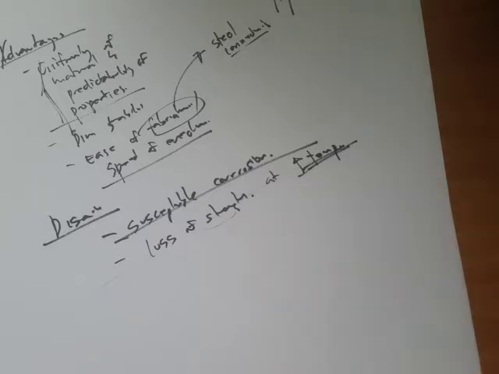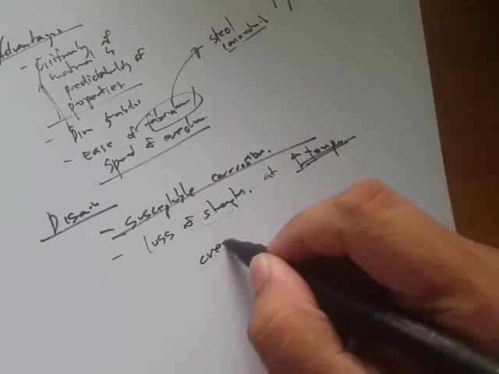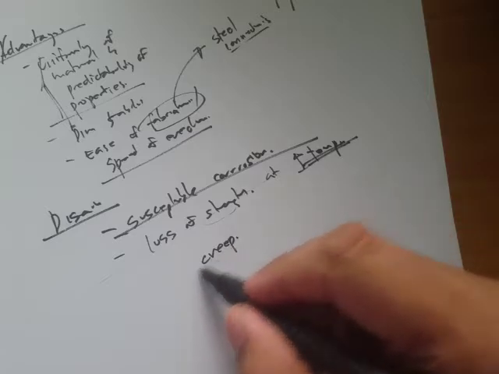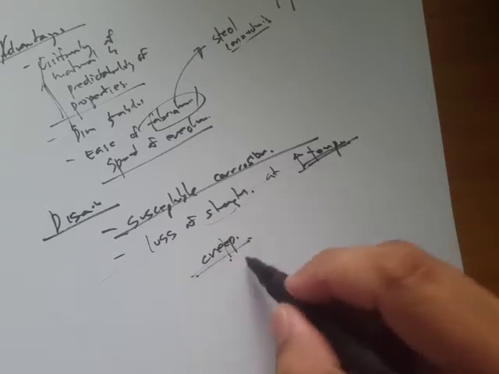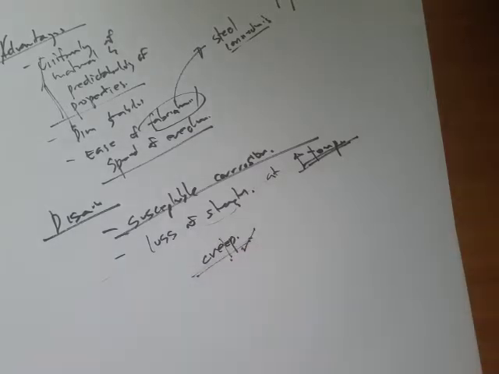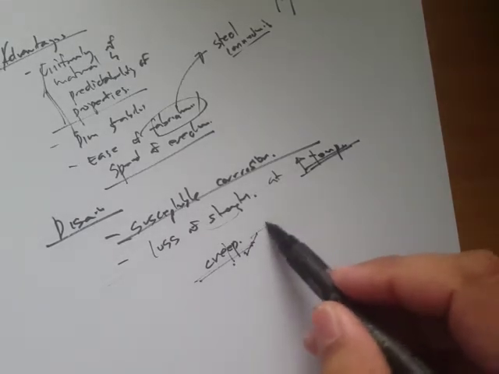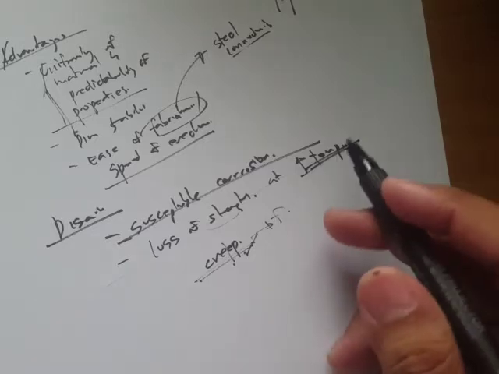If you study about the creep properties and the strength at elevated temperatures, I'm not sure if it's 50% of the yield strength, or maybe I'm just confusing this with the fatigue strength, which is something like 50%.